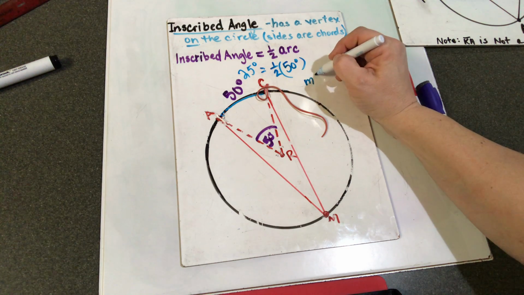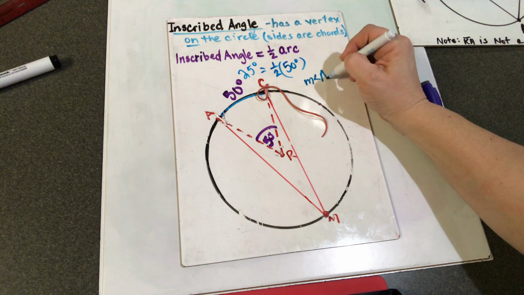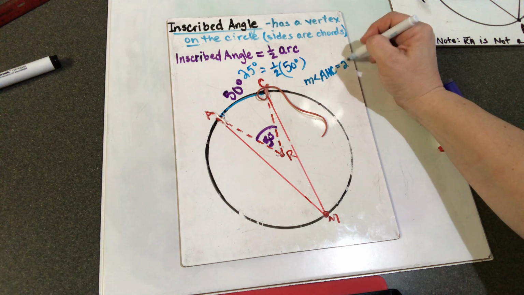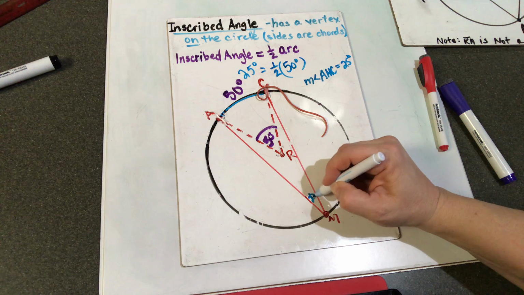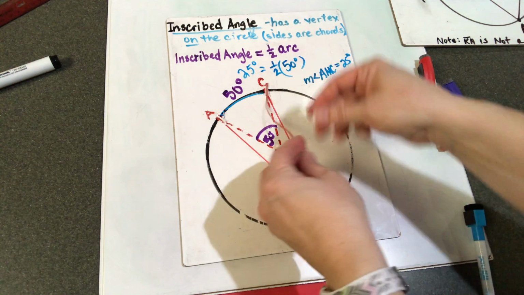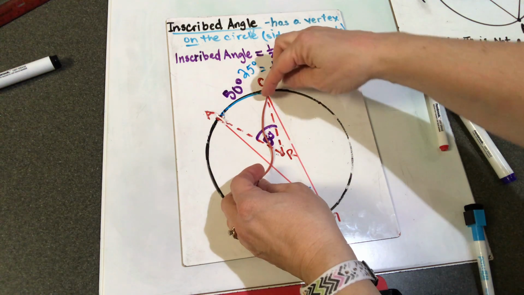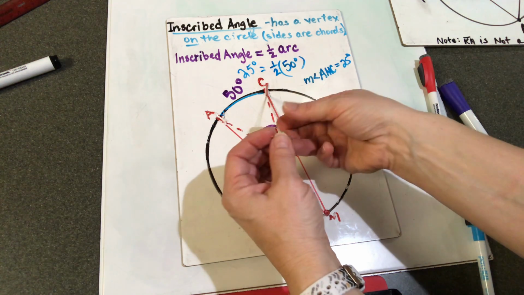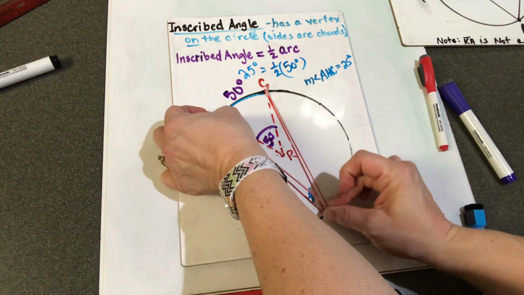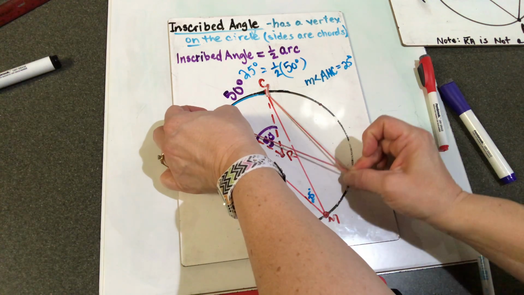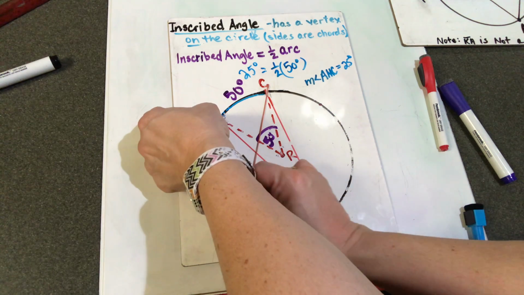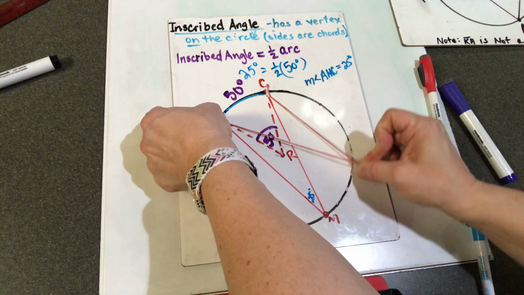So the measure of angle AMC is 25 degrees. Now, there's one other cool thing that happens with this: as long as we are cutting off this same arc, it doesn't matter where this angle touches the circle. So if this is 25 degrees, even if I pull it over here, it's 25 degrees, or here, or if we go all the way over to the other side, it's 25 degrees.